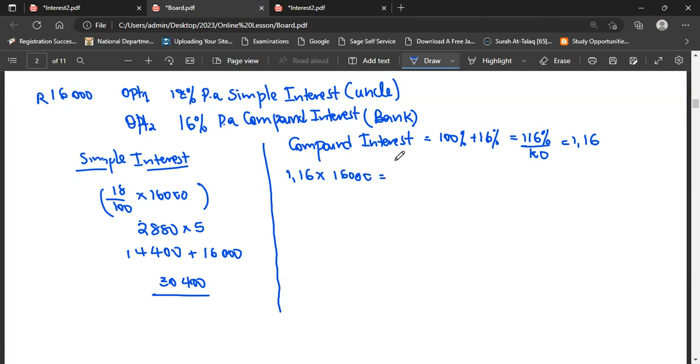I'm doing compound now. So in the first year, it would have accumulated some interest and it would be this much. So the second year, we shall do this, but instead of multiplying with this, we shall multiply with this one here.